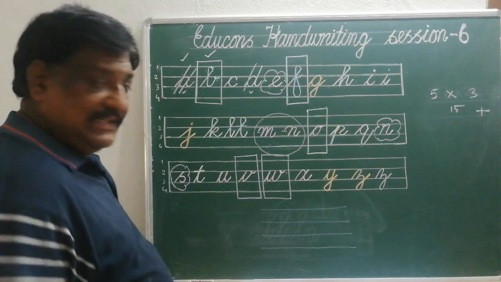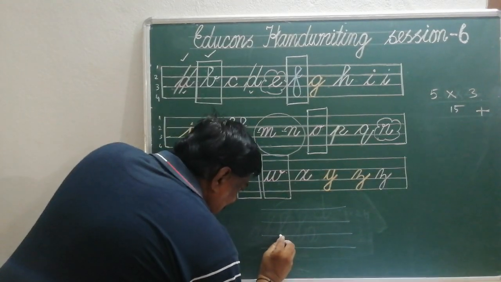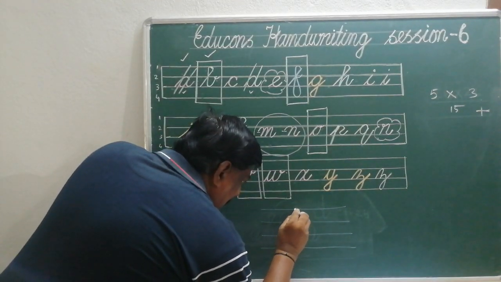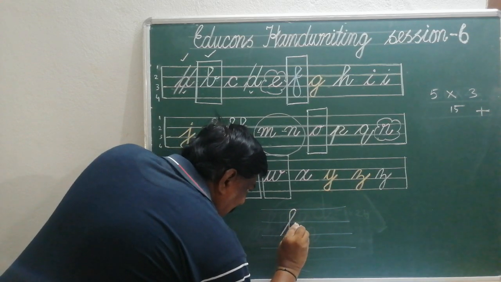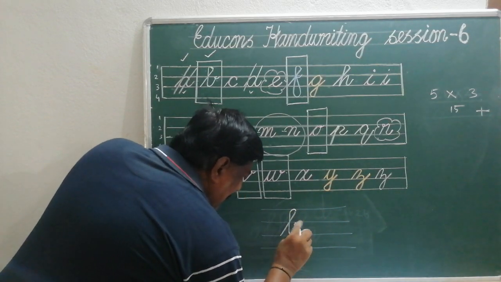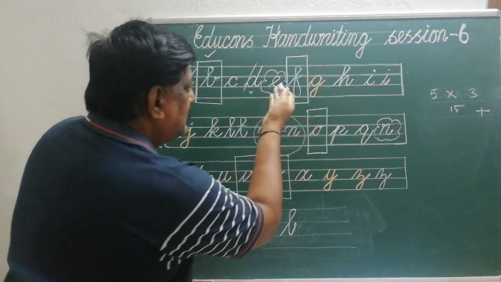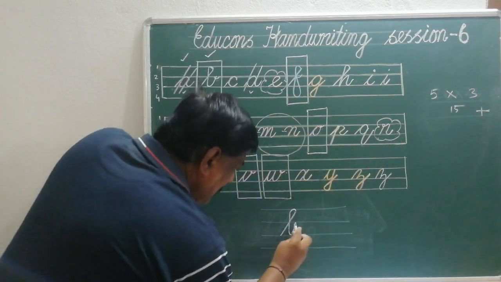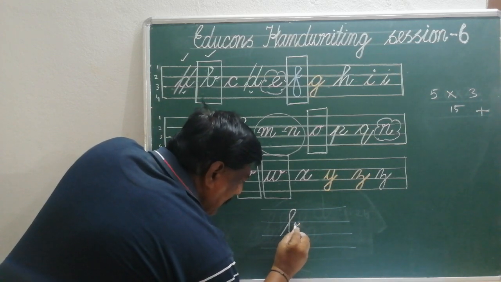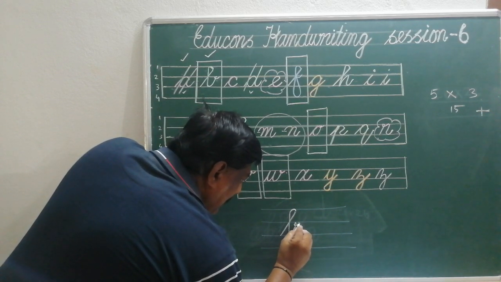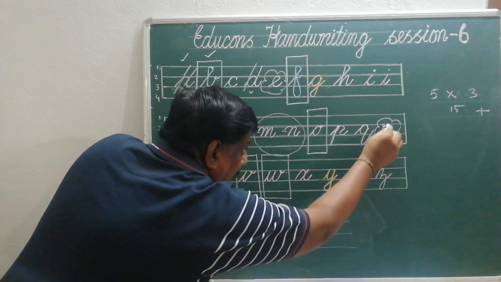I will show you how it is the exception. Say, for example, letter B. What is the next letter? Say, letter R. Already you have to go from here, isn't it?